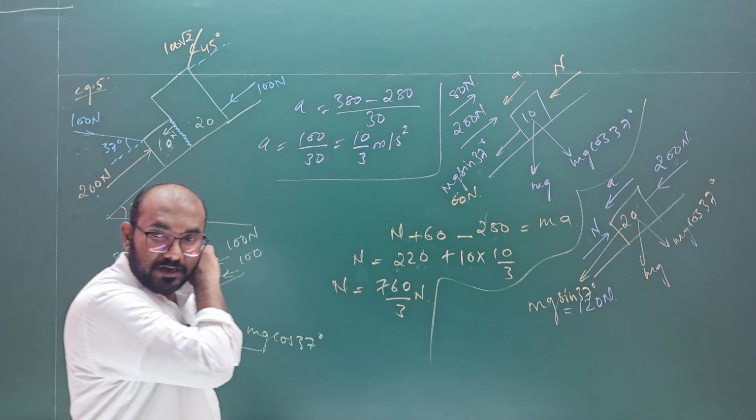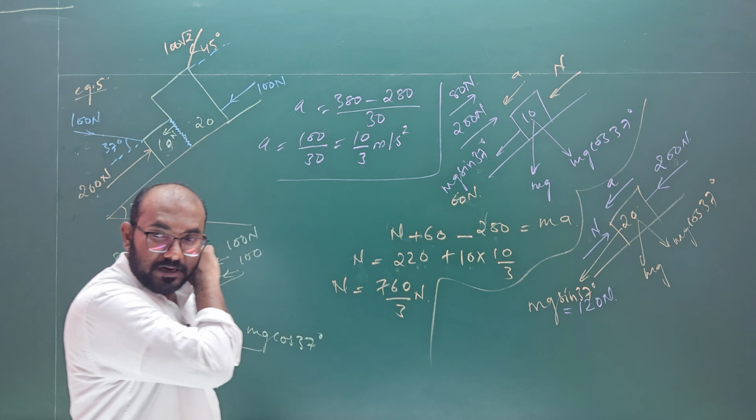The next thing is writing the equation. So 120 plus this 200, that is 320, minus any other force? No, the normal, which is equal to MA. Mass is 20, acceleration is how much? 10 by 3.